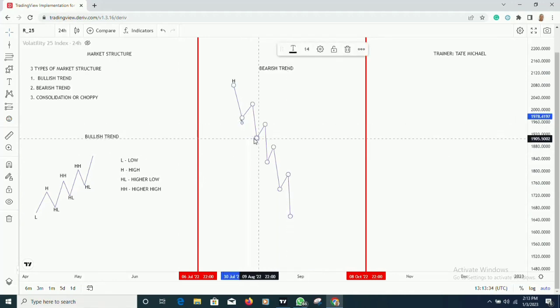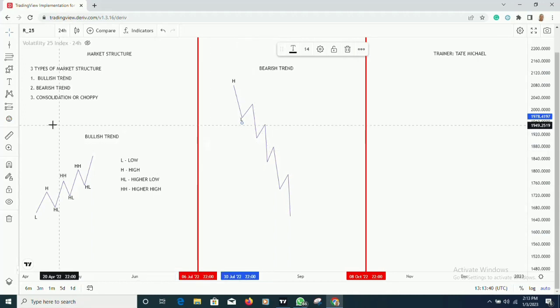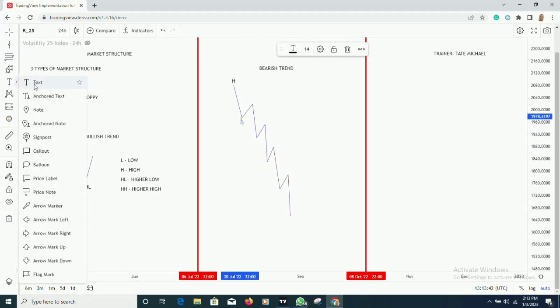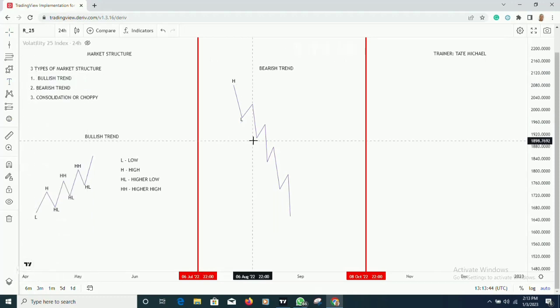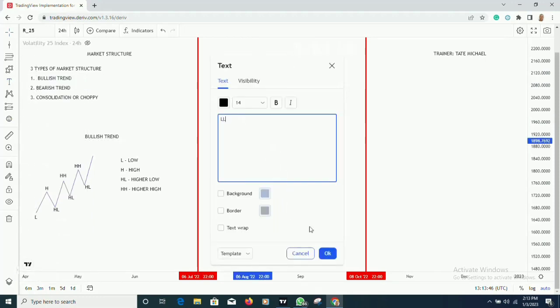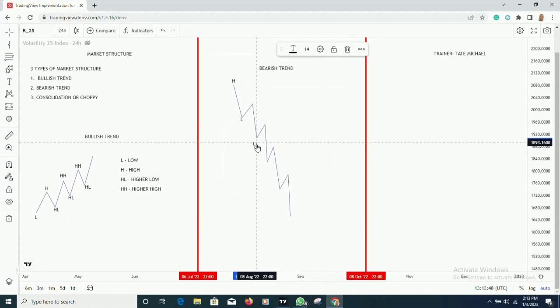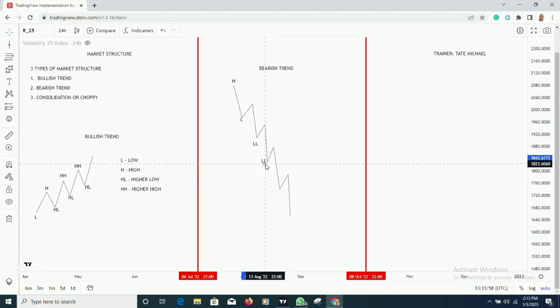So guess, what would this be? Did I say lower low? Yes, you're correct. So here will be the lower low. This is the lower low.